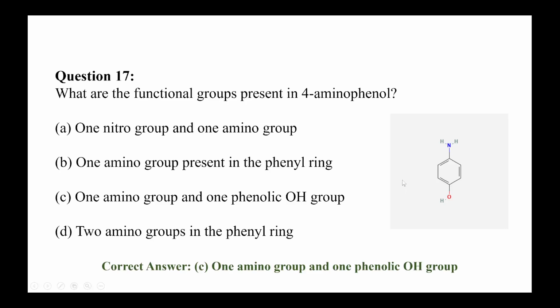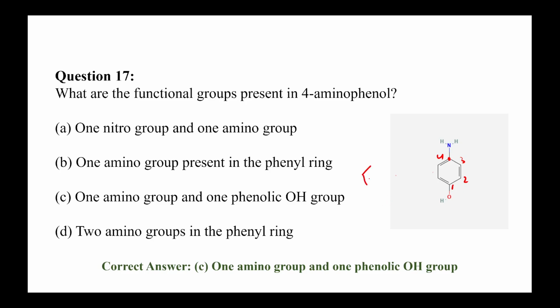So this is how 4-aminophenol looks. So this would be the first position carbon. So 1, 2, 3, 4. So on the fourth position, you have the amino group. So 4-amino, and this whole molecule is called phenol.